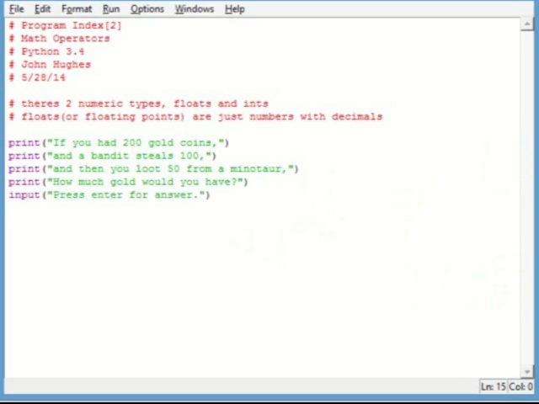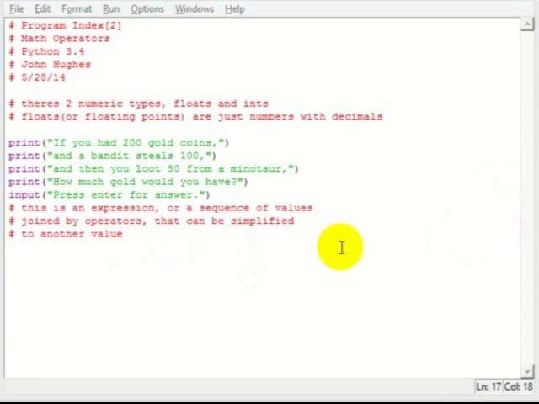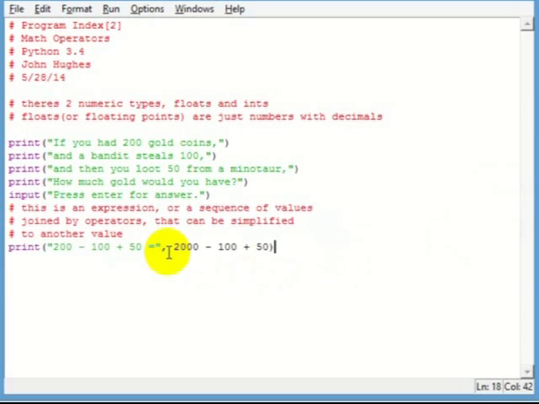So, how you're going to do that is type out print, and then you want to write 200 minus the value taken and plus the value received, and put that all in quotation marks.